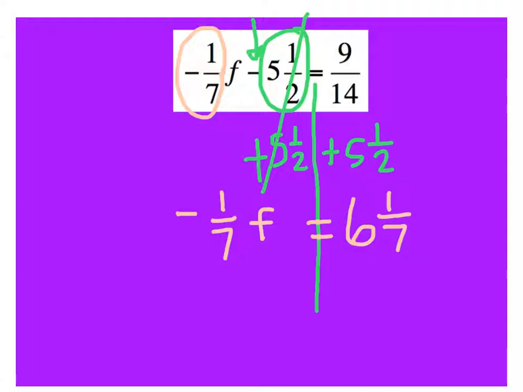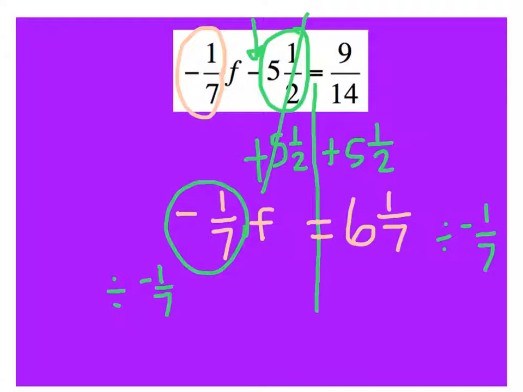All right, now I want to get rid of this entire number in front of f, negative 1/7. And negative 1/7 is multiplying f. So that means on both sides I'm going to divide by negative 1/7. So I'm going to write that on both sides. Okay, and it's important to make sure you write divide because it could be easily confused with subtracting since there's that negative.